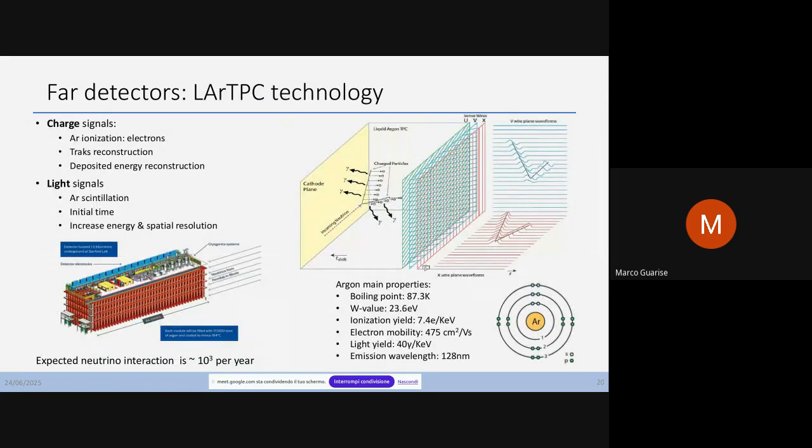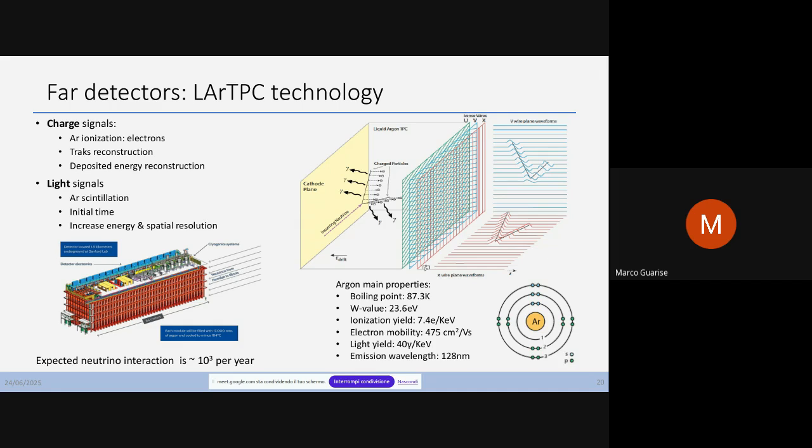So, as I said, they are liquid argon time projection chambers, but what is a time projection chamber? So basically, it is a chamber in which you can reconstruct the tracks of the charged particles produced after the neutrino interaction here, and the energy. It is made something like this, in which you have an electric field here.